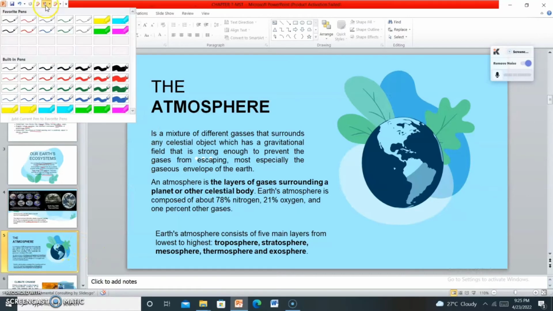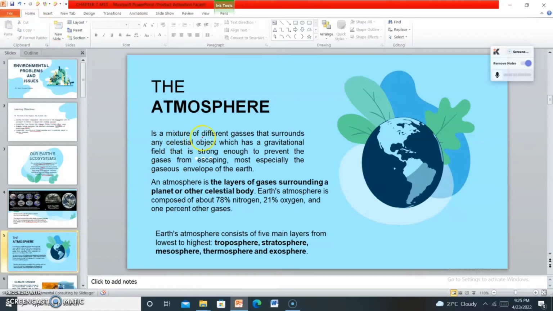So the atmosphere is the mixture of different gases, strong enough to prevent gases from escaping, in the gaseous envelope of the planet. So the atmosphere is the layer of gases surrounding the planet or other celestial body.